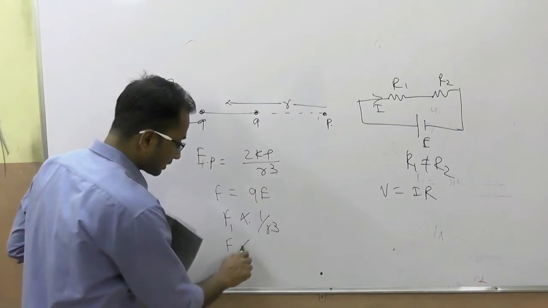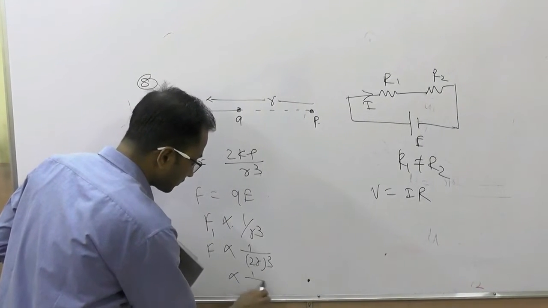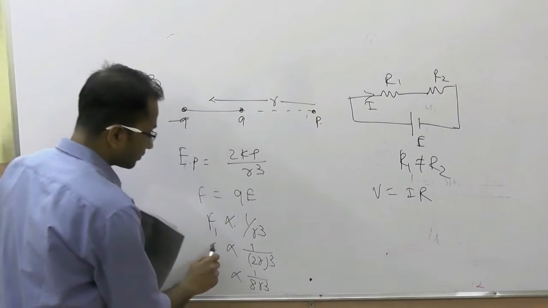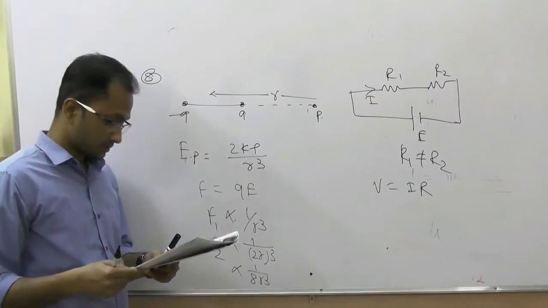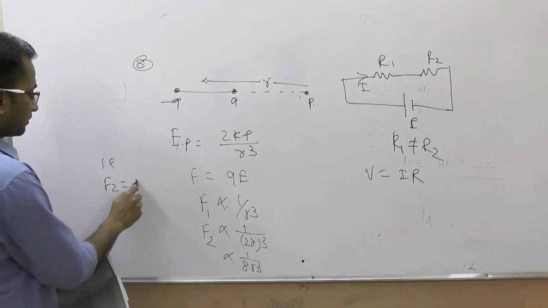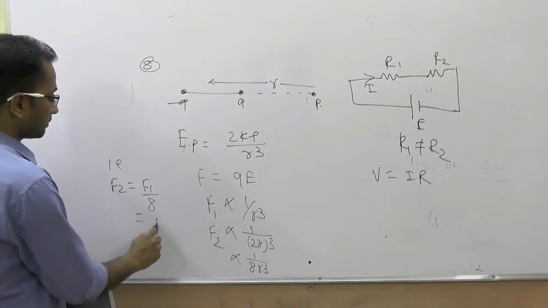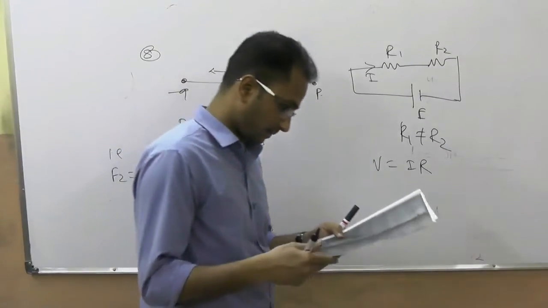Suppose this is F1, now the distance becomes double, so this will become 1 by 8 r cube. So F2 is equal to F1 by 8. F1 is F, so it will become F by 8. So option D is correct.